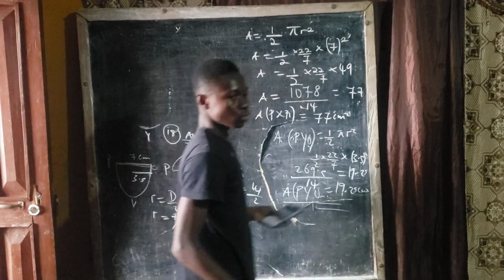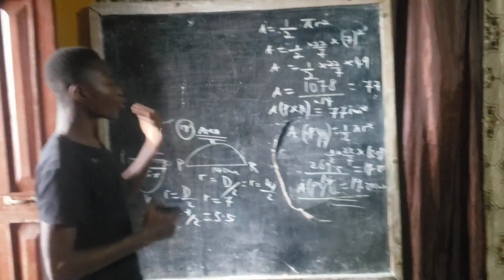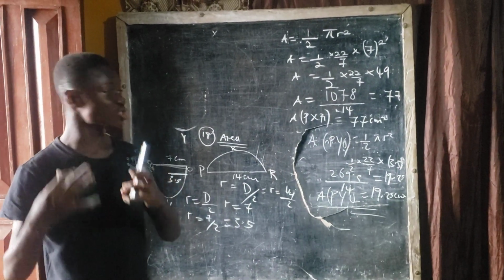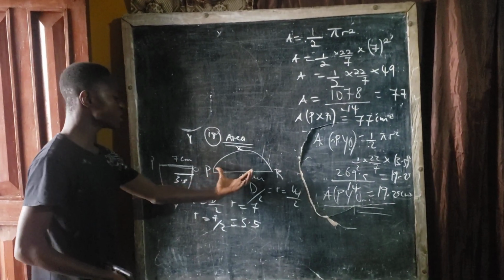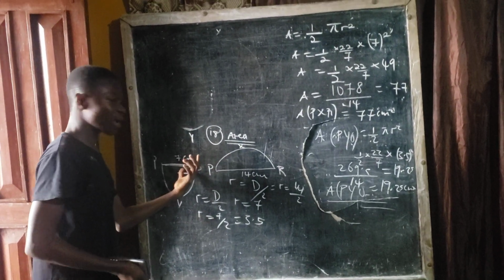We are now going to find the area of the enclosed region. In finding the area of the enclosed region, we add the area of the first semicircle with the other semicircle.